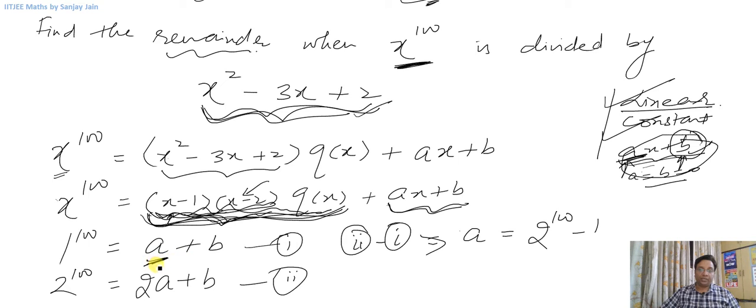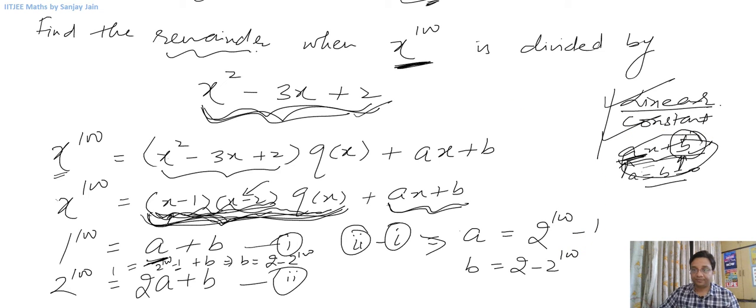When I put a equal to 2 raised to power 100 minus 1 here, what will be the value of b? So b will be equal to, when I take this on the left hand side, 2 minus 2 raised to power 100. So b is equal to 2 minus 2 raised to power 100.